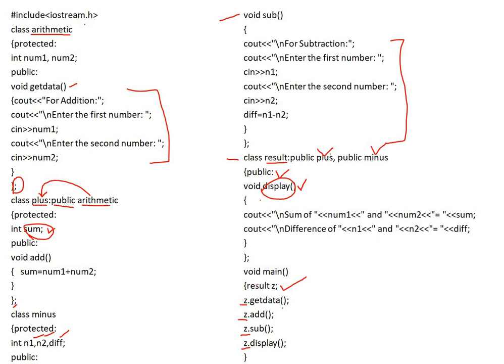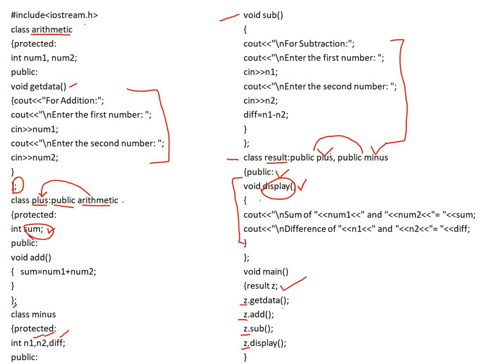Immediately the execution control goes to the result class and searches for the get data member function. There is no get data member function. If it is not available, then searching is performed either in the plus class or in the minus class.